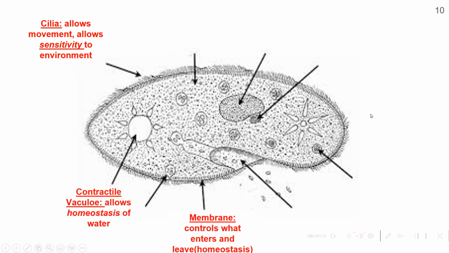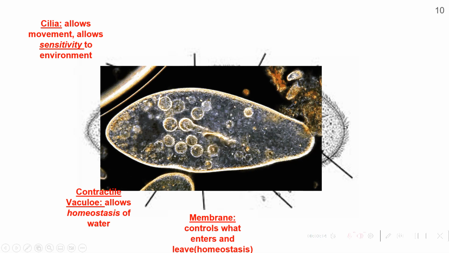So 2 parts of the paramecia that help control homeostasis, right, keeping things in balance, are primarily the membrane, which controls what exits and enters. And then because these are water-based animals, remember they have the contractile vacuole. So when too much water diffuses in, that vacuole will contract to expel the water.